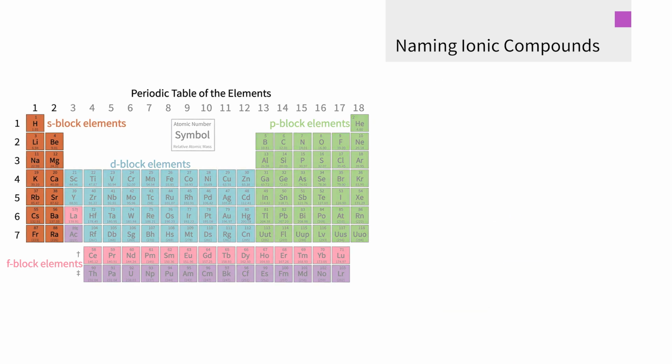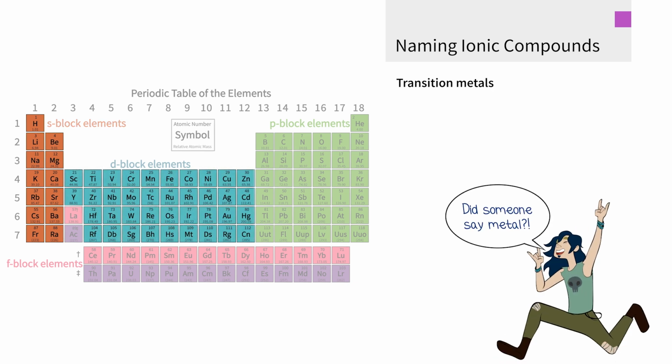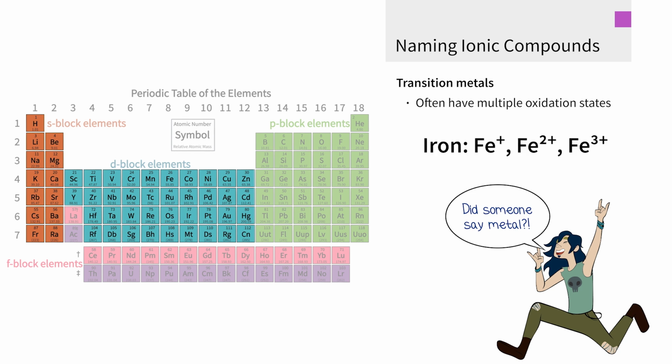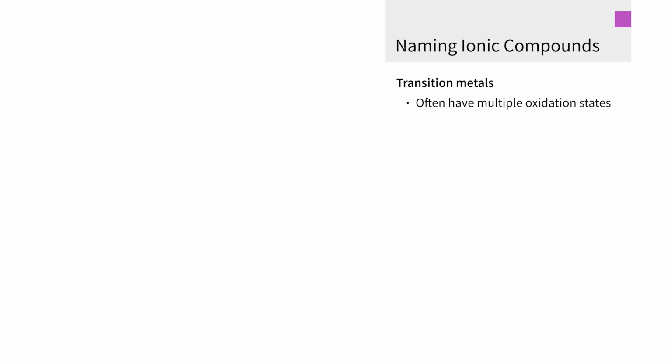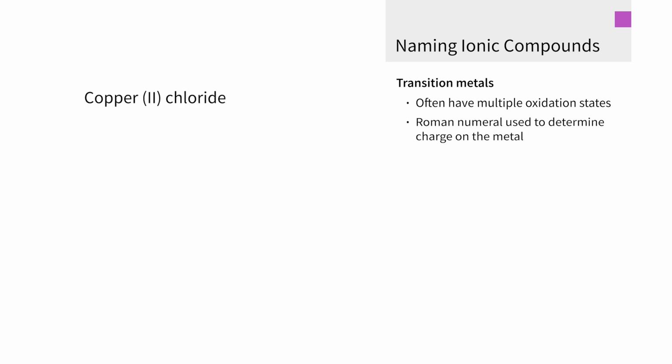However, groups 1 and 2 aren't the only metals in the periodic table. We also have transition metals, which can seem less predictable. These metals often have multiple oxidation states, so we specify their oxidation number when naming their ionic compounds. To accomplish this, a Roman numeral is used to indicate the charge on the metal.